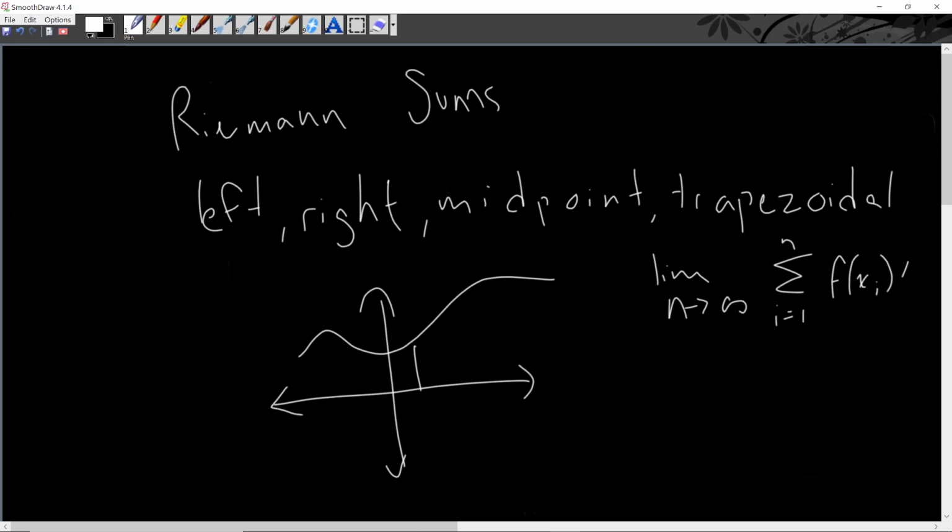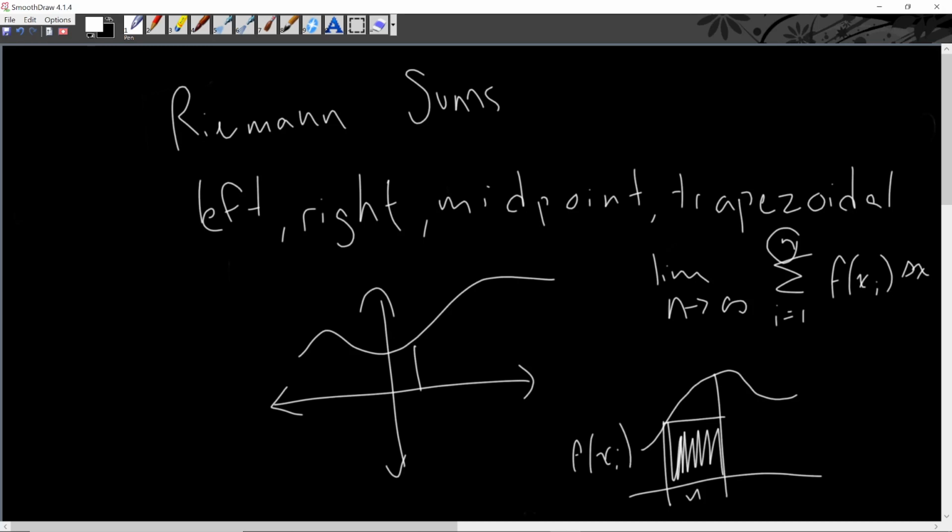But when we're doing Riemann sums, we have a much smaller than infinity number of subdivisions, so our rectangles aren't going to be perfectly accurate. Let's zoom in. Let's say that this is some subinterval. If we were to draw a rectangle from there to there, we can calculate f of x i and this is some delta x.